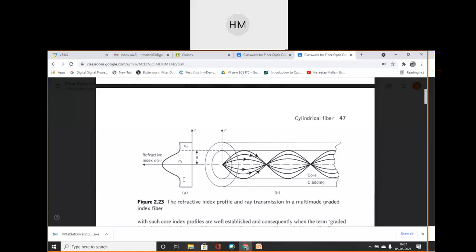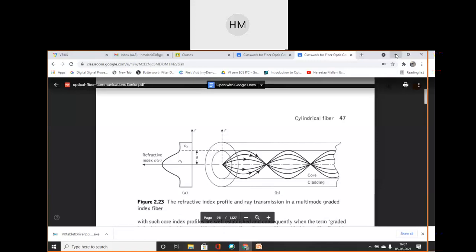Finished, students? Any doubt in this diagram?